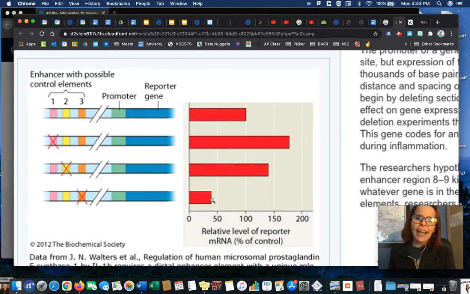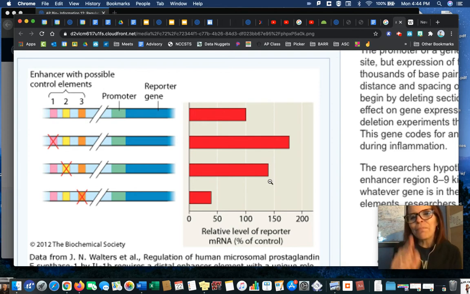So the first thing we want to ask, this is what the textbook asks you, do any of them seem to increase? Does the deletion of one of them seem to increase the amount of mRNA that's being produced? And the answer is for sure. When we delete 1 and when we delete 2, we see an increase in the amount of mRNA.